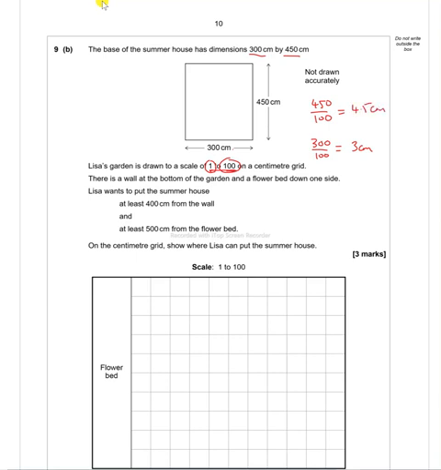Right, now, so you've got a garden here. The summer house must be at least 400 centimeters from the wall, so that will be 4 centimeters on the drawing. And 500 from the flower bed, so it'll be at least 5 centimeters on the drawing.